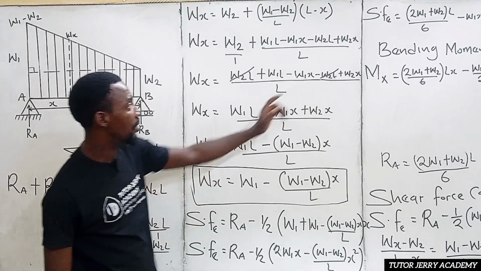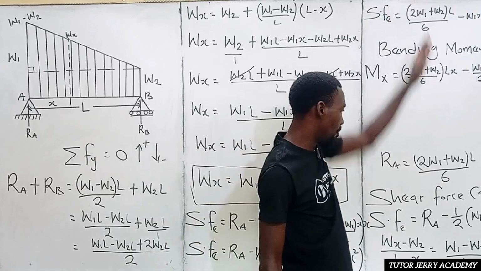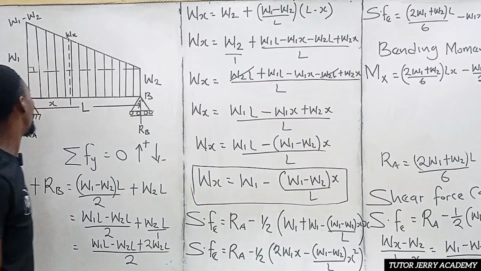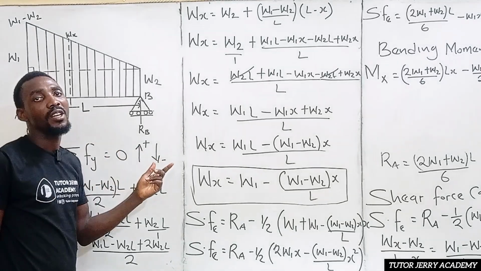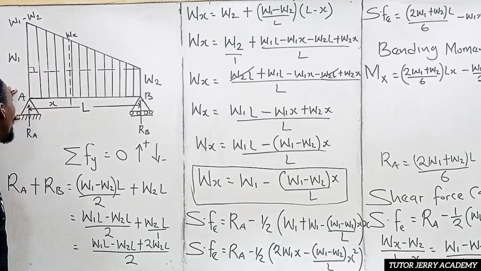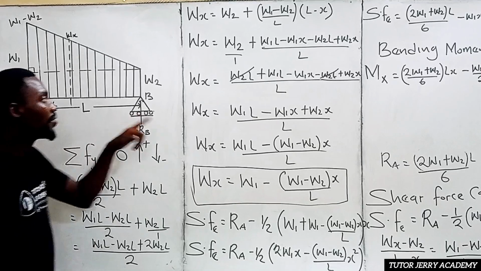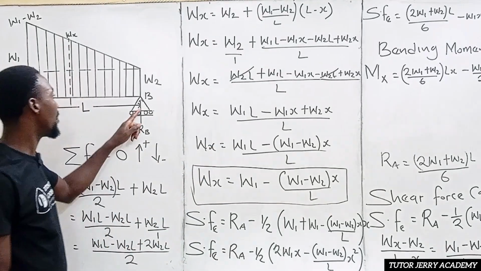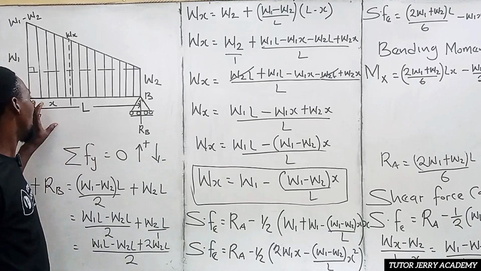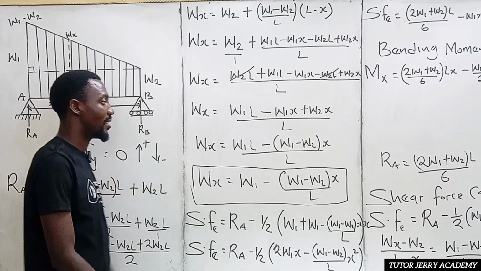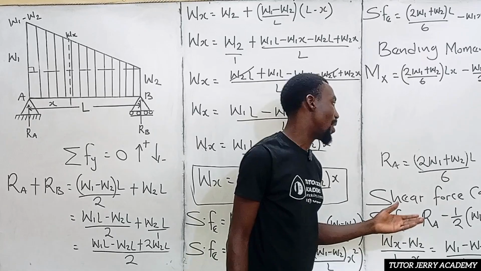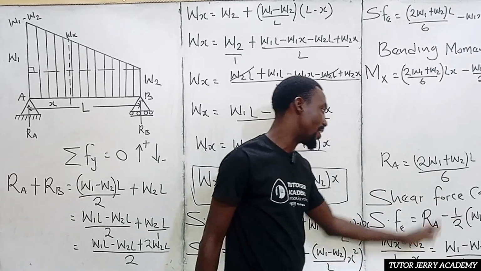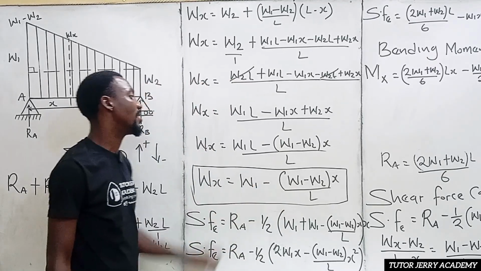When S is equal to 0, the shear force at point A will be equal to the reaction at point A. To get the shear force at point B, you take S to be equal to the whole length, that is when S is equal to L. You substitute in your shear force equation: anywhere you have S, you replace it with L. Then you get your value.